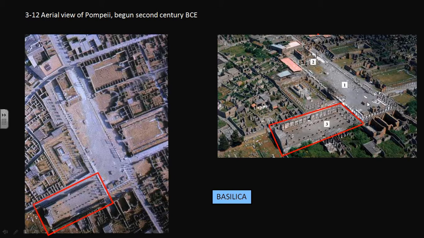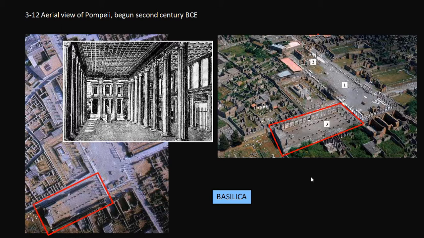It has the same basic format as the Forum does, except that it's roofed. And here you can see the inside of the basilica, where the columns separate the central area. There's the statue of the leader at the end, with the flat roof over the top of it. So it's very much similar to the layout of the Forum, but roofed all the way across.